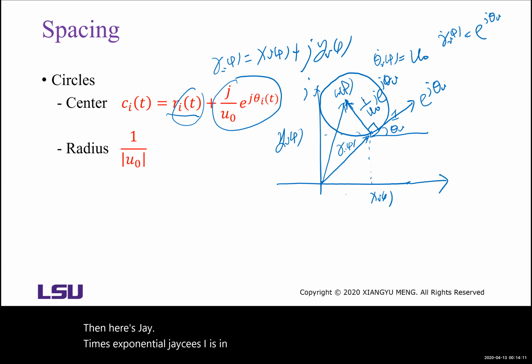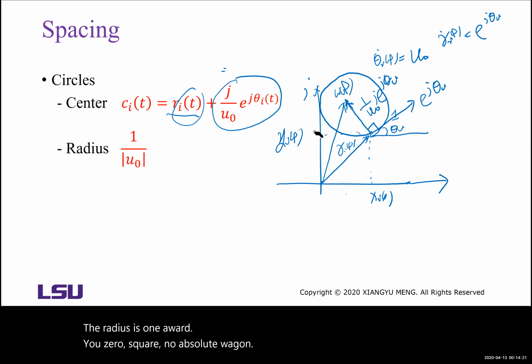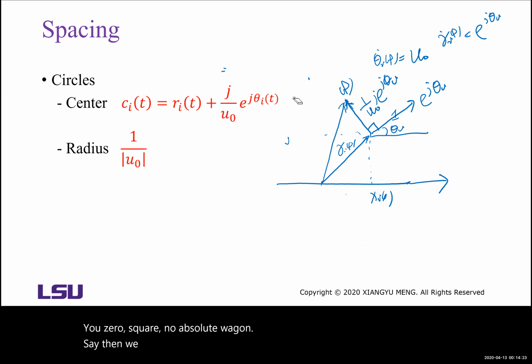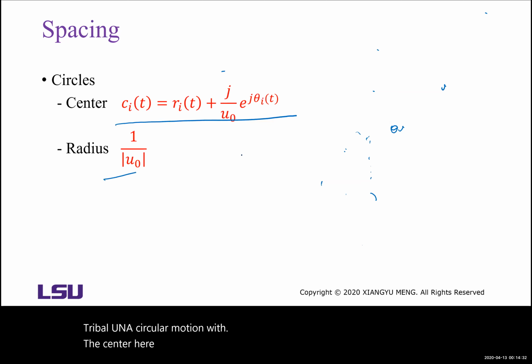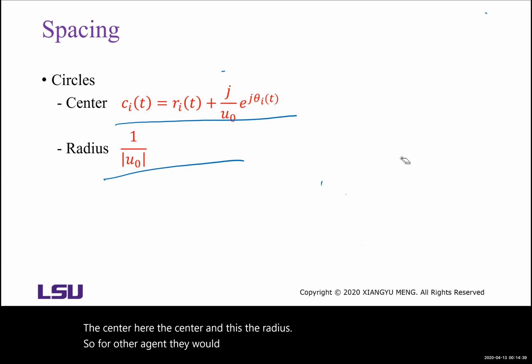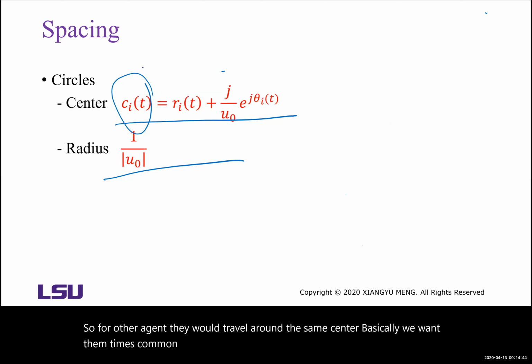So the radius is 1 over u0 squared, no absolute value here. Then we know the agent will travel in a circular motion around this center with this radius. So for all the agents, they will travel around the same center. Basically, we want them to have a common value of ci(t).